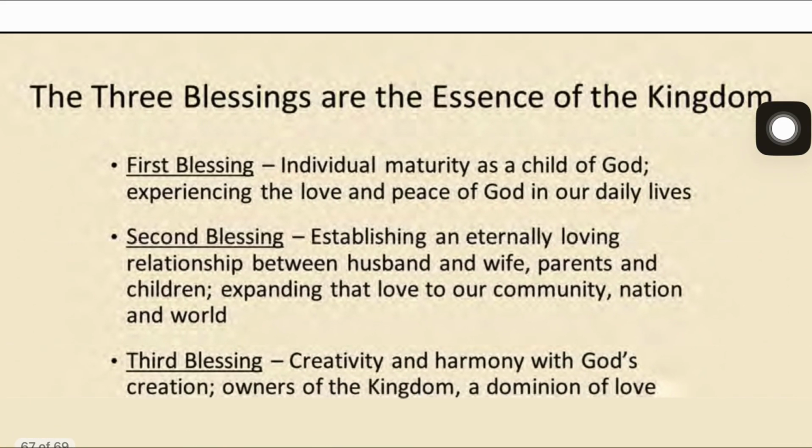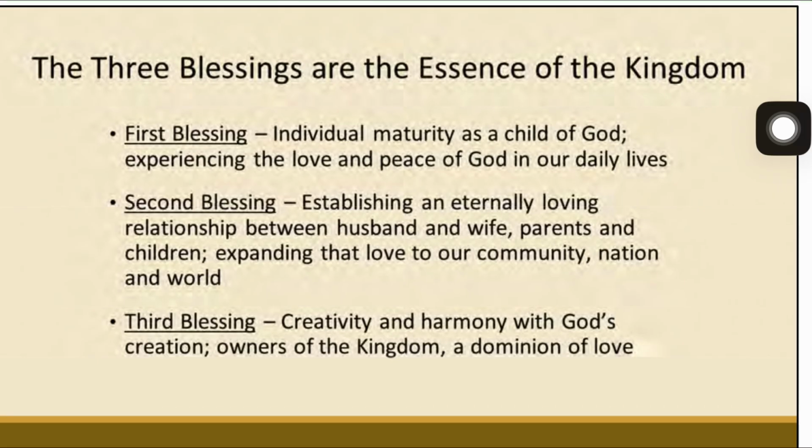Okay, so the three blessings are the essence of the kingdom. The first blessing is individual maturity as a child of God, expressing the love and peace of God in daily life. So as individuals who fulfill the first blessing, we can experience the love and peace of God in our daily life.